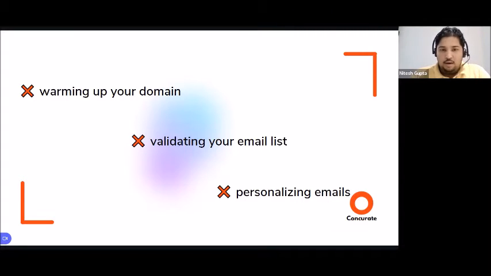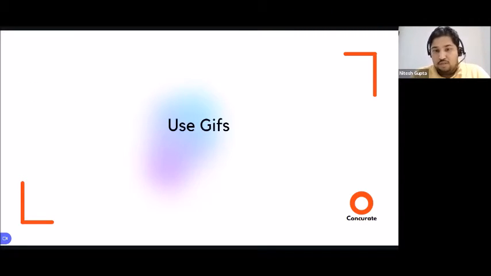So the very first thing you should do is use gifs in your cold email. Now, a lot of people use gifs, but you should take a step further and personalize those gifs. Usually, when I send a cold email, I use a gif in the first follow-up or second follow-up. I don't use a gif in the very first cold email I send.